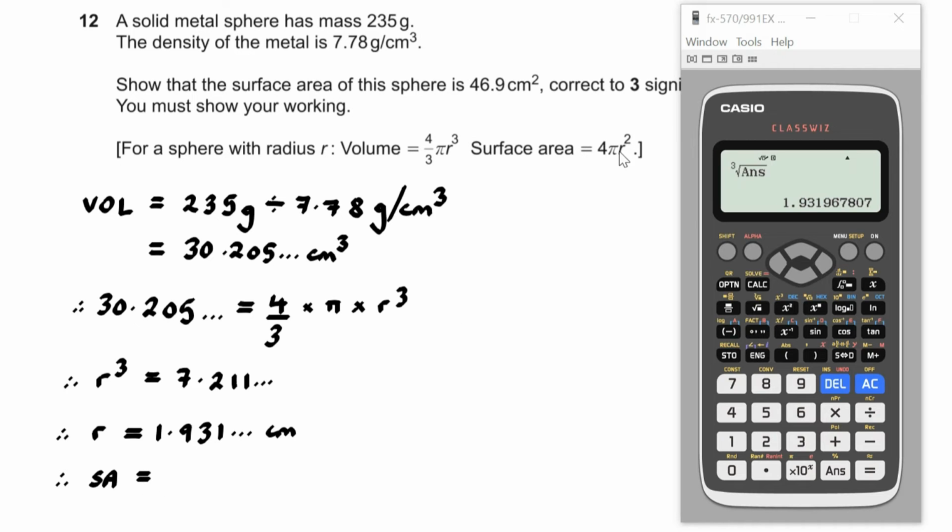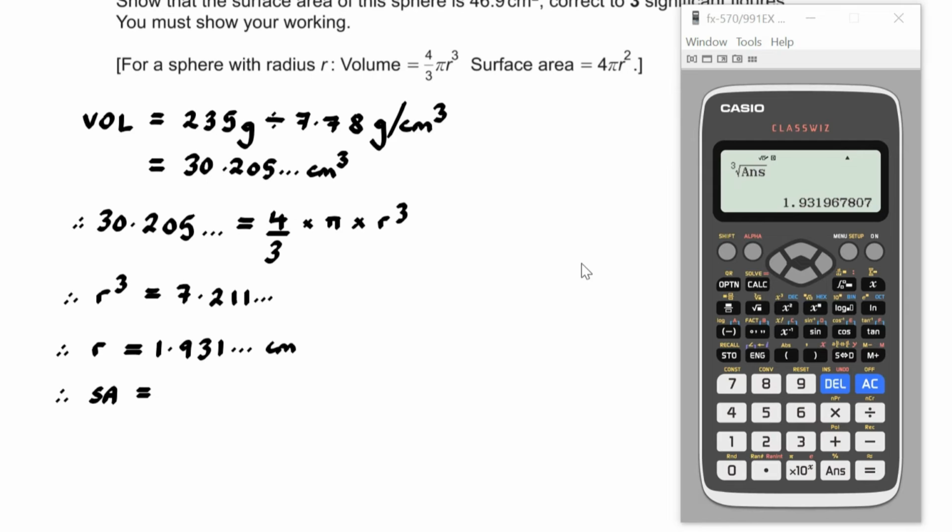So now we can find out the surface area, substituting into 4 pi r squared. The surface area is 4 times by pi times by 1.931 etc. squared. And so, working out the surface area, we've got 4 pi multiplied by this radius squared.